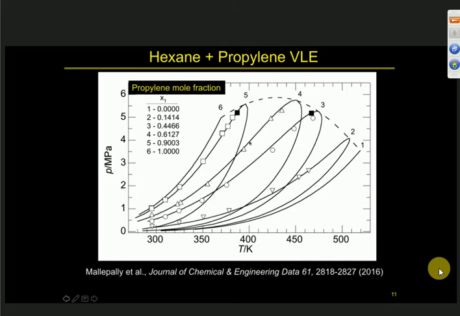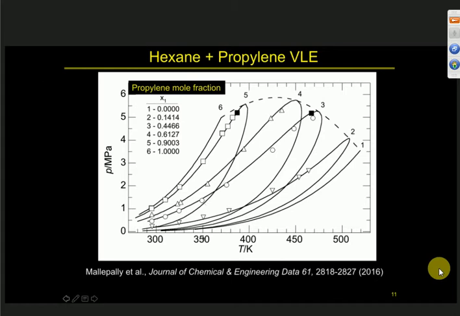This is not a typical diagram that we see in thermodynamic textbooks, where we see the pH diagrams that I will show in the next slide. But this is quite common for experimentalists to get these bubble point curves, because it's rather easy to record the bubble points compared to the dew point.